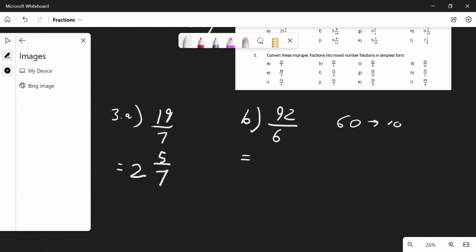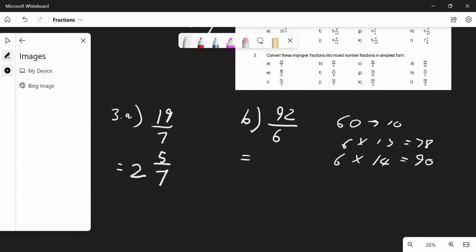So 6 times 13 is equal to 78. I'm sure we can still fit more 6's in there. So we have 78 plus 6 plus 6, 90. So we have 6 times 14 is equal to 90. Let's just verify that. Ooh, that's 84.